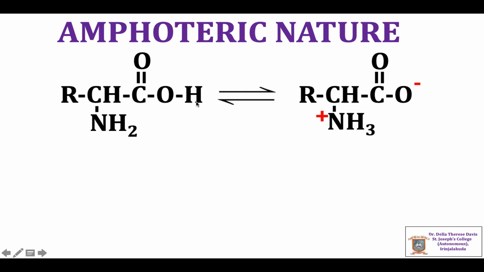In the zwitter ion, the hydrogen of the COOH group is transferred to the NH2 group. When the hydrogen is transferred to the NH2 group, nitrogen gains a positive charge and there exists a negative charge on the carboxylic oxygen.